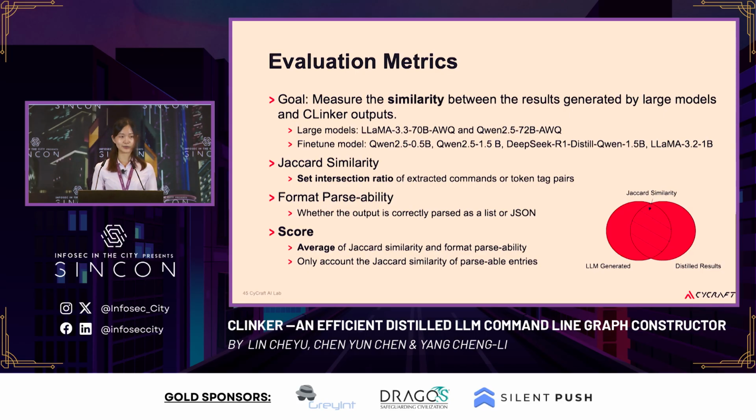So the more the overlap, the higher the score. And if you're not familiar with what a Jaccard similarity is, there's a small illustration on the right corner. When the union of the area is 1 unit, the Jaccard similarity would be the area of the intersection.